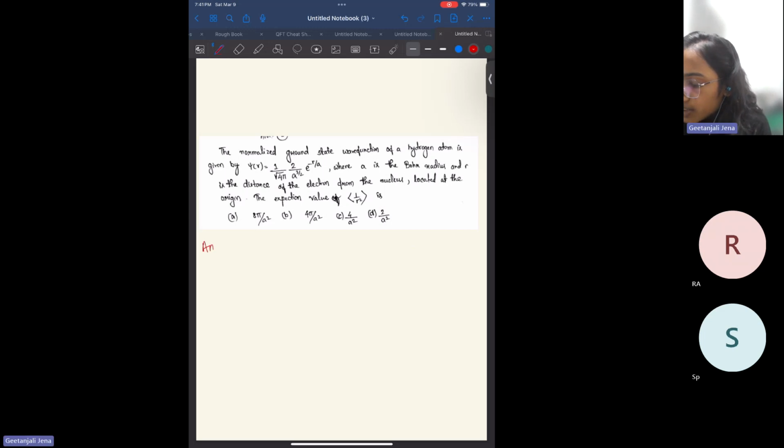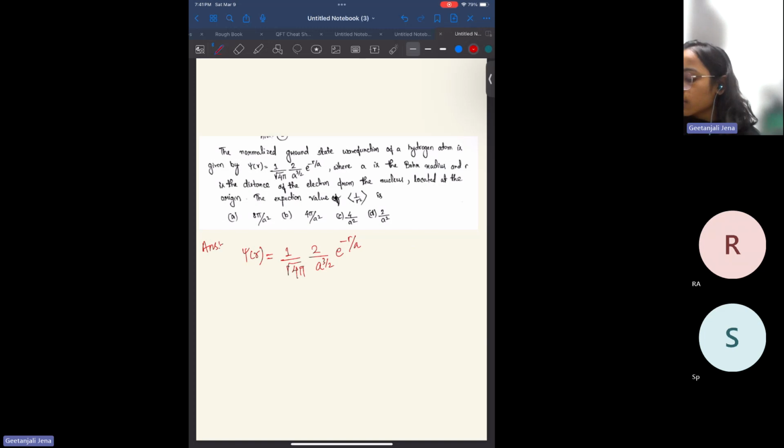So let's see our next problem. It is given the normalized ground state wave function of a hydrogen atom is given by psi of r equal to 1 by root over of pi a cube, e to the power minus r by a.